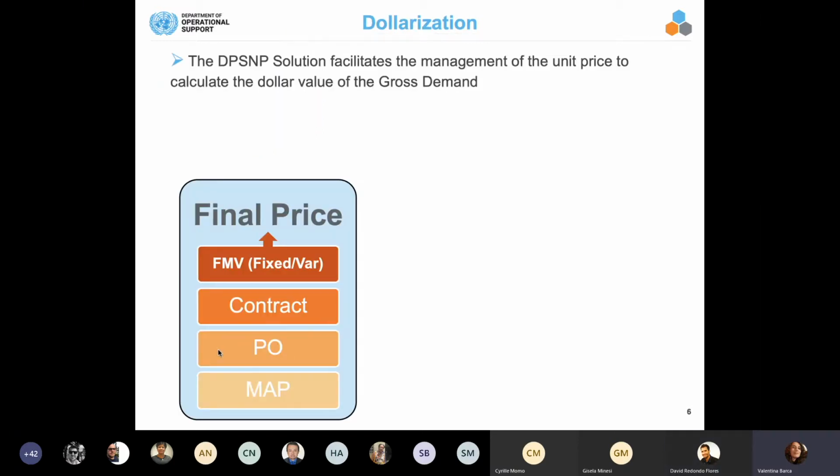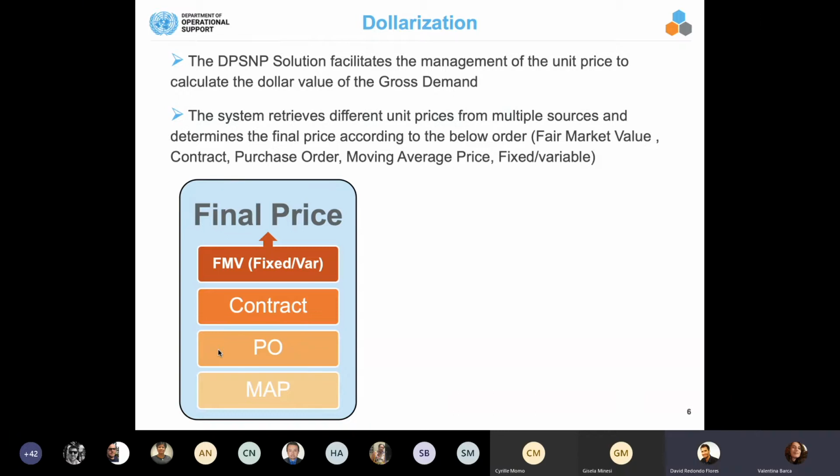So how does it do that? The system retrieves different unit prices from multiple sources and determines the final price according to this order that you see in this box. The fair market value, in a second I will say something about it. The contract, which takes into consideration global, regional, and local, the purchase order, and the moving average price.